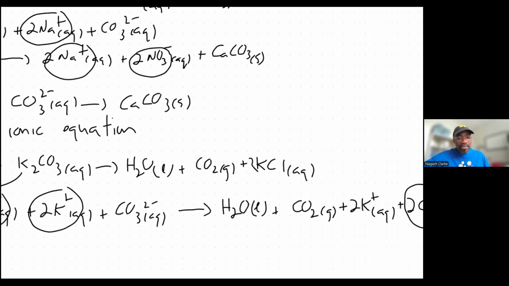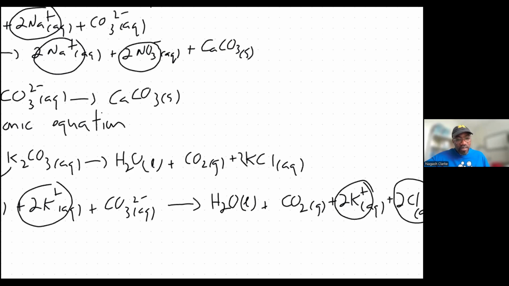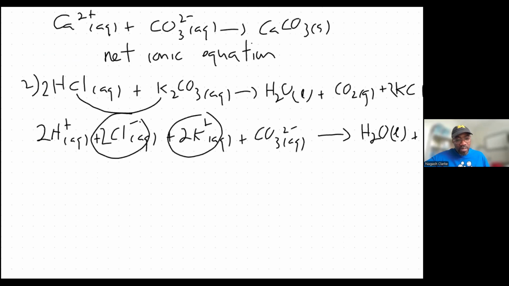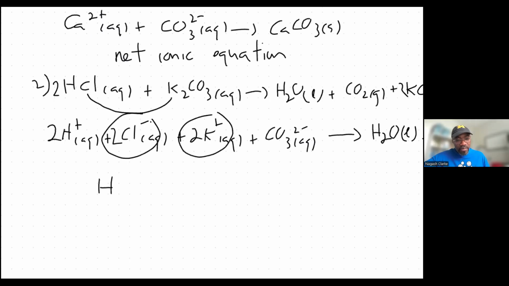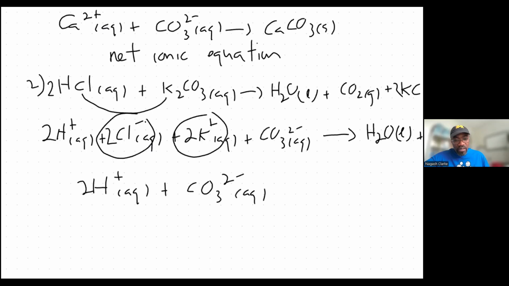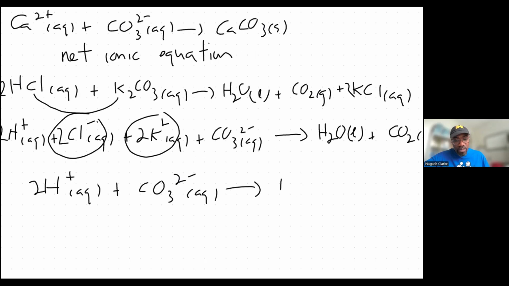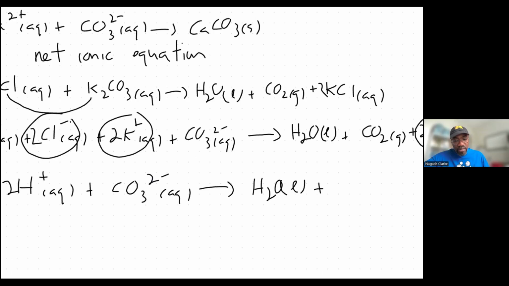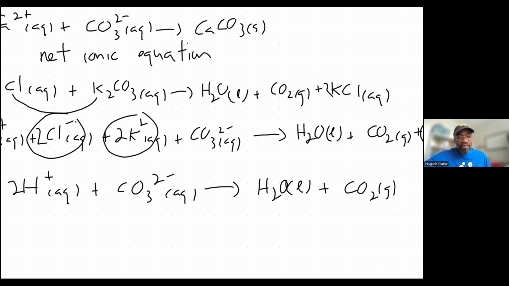So then my net ionic equation is just the species that are involved in the reaction: 2H+ plus CO3 2- gives me H2O liquid plus CO2 gas. That's the big deal for the equation. Okay, so that's our gas form.